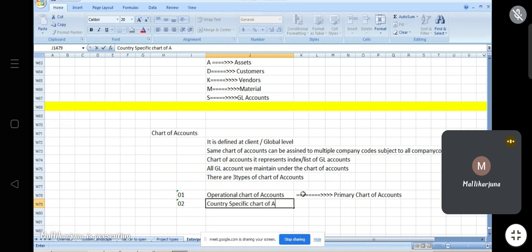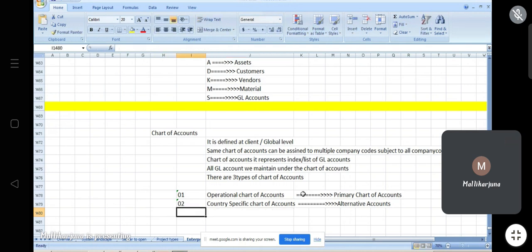The third one is the group chart of accounts.